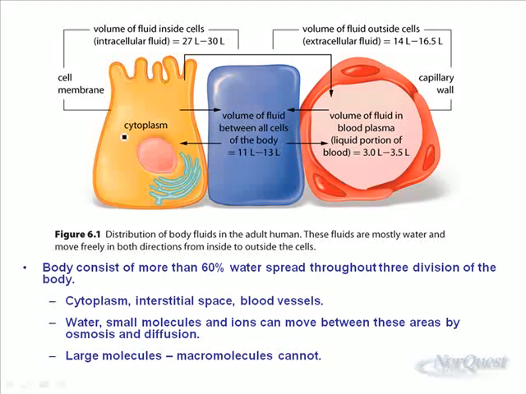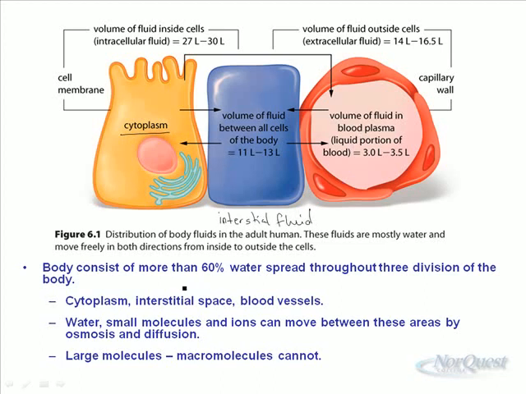So most of our body is cytoplasm. It's cells contained inside cell membranes. There's a little bit of fluid stored outside of them in what's called interstitial fluid. And then there's the volume of our blood plasma.